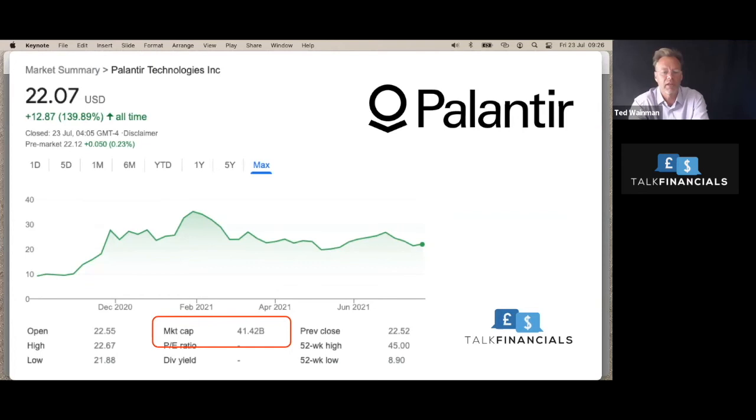So it's basically all goodwill in there. There's nothing else really to account for. It's valued at 38 times sales, if that's a valid measure. It's got 40 billion of inherent goodwill in there. The balance sheet is pretty small.